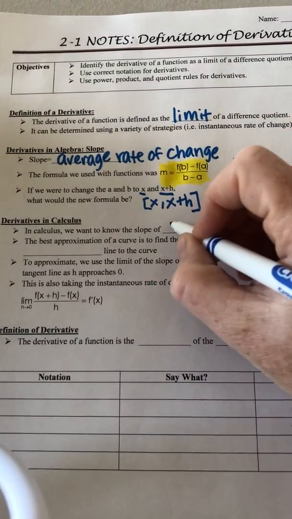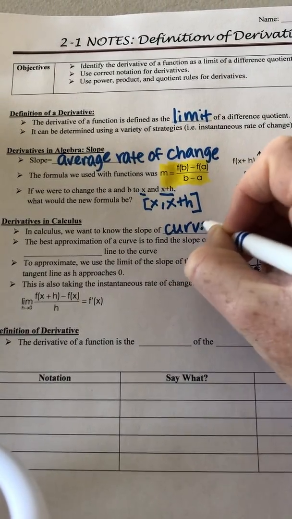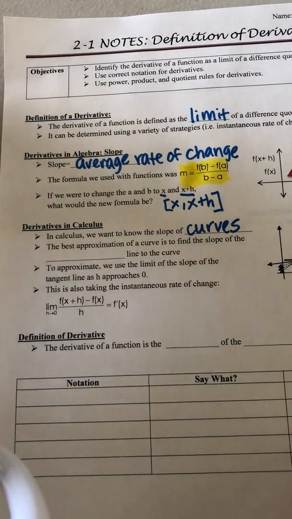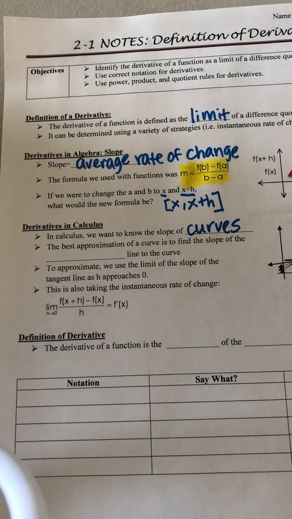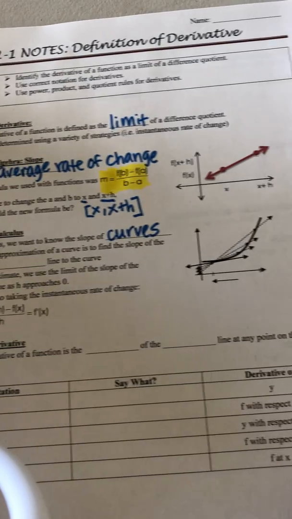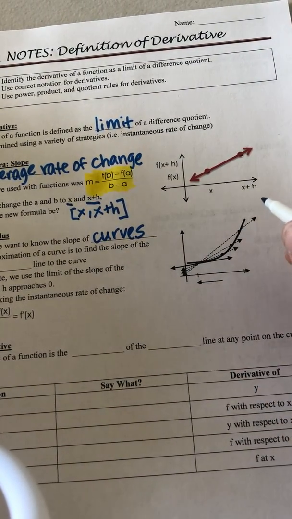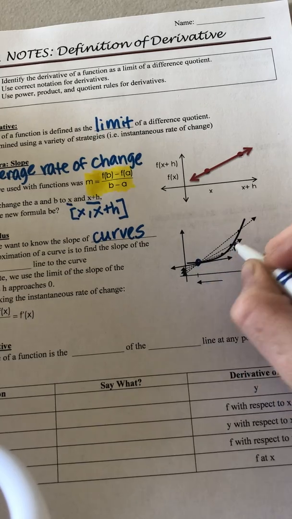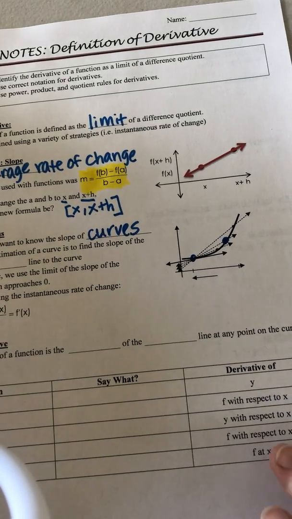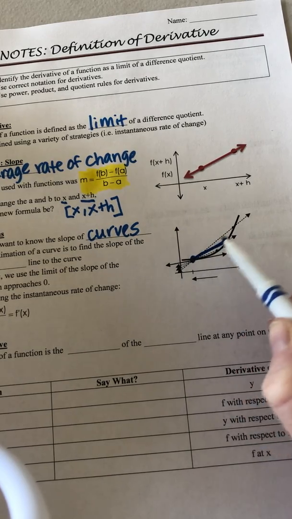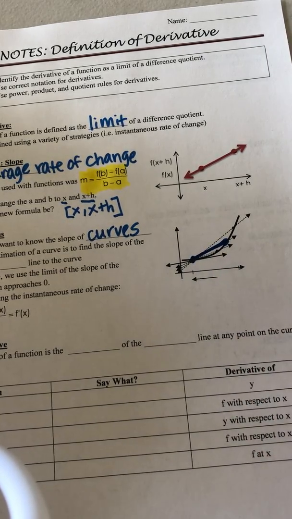But especially with curves and other kinds of functions, we want to know the slope of the curve. And so we don't have just a slope formula where you can pick points and find their slope, okay? So like if you were doing that in Algebra 1 and you were just picking two random coordinate points and finding their slope, you'd be finding the rate of change along a line like this, okay?